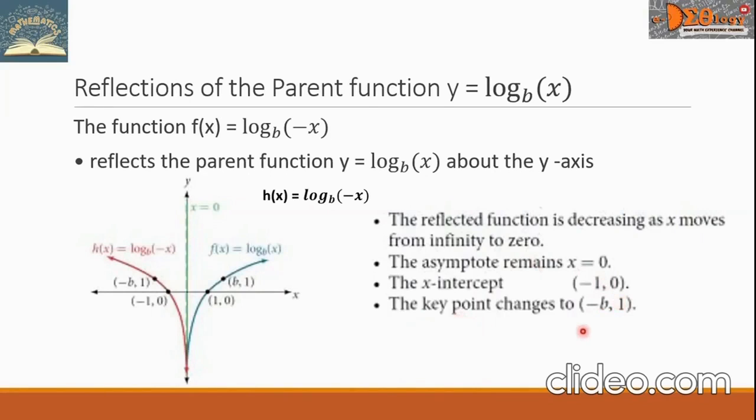The key point changes to negative b, 1. The domain changes to negative infinity to 0. The range is from negative infinity to positive infinity.